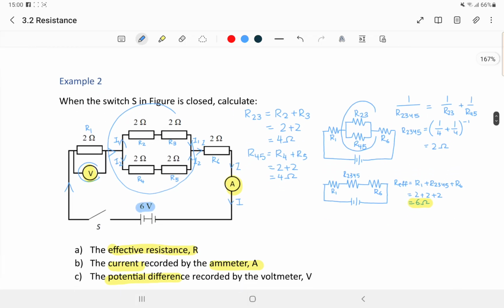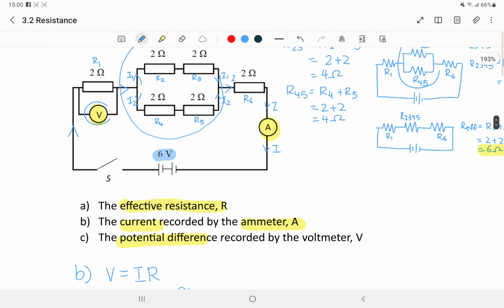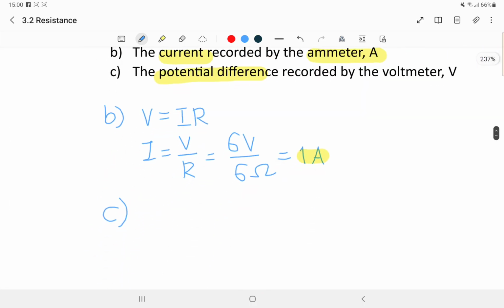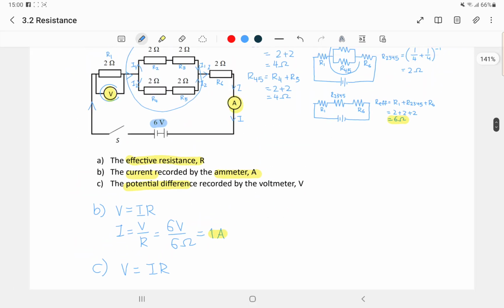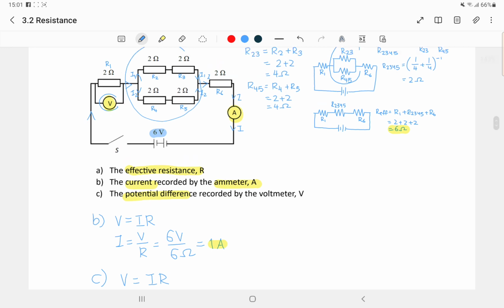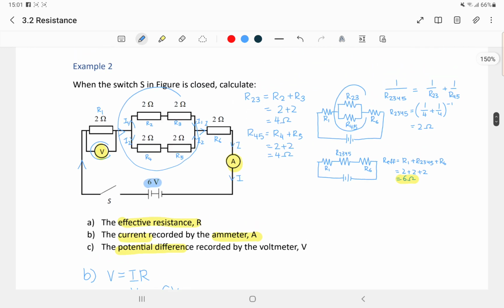Okay, so now we still need to use this formula, which is V equals IR, and we need to calculate V. The I is the main current, since the current flowing through each resistor is the same. And then for the resistance we can just use the value for resistor 1.